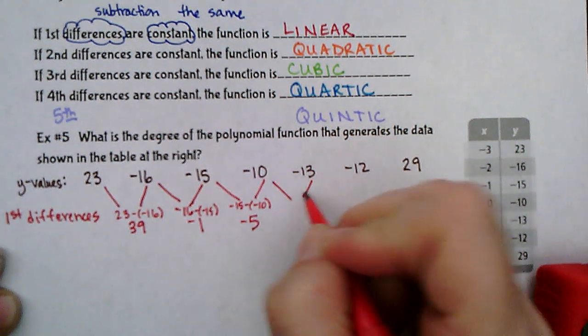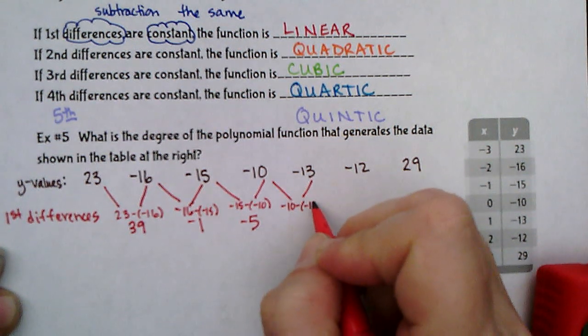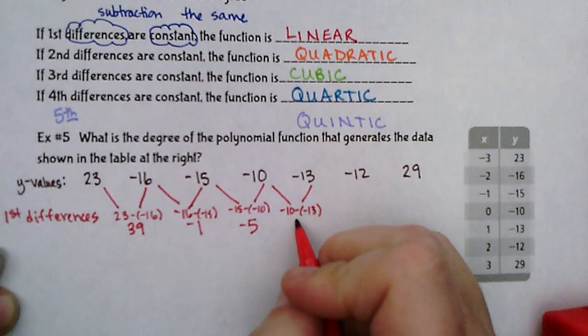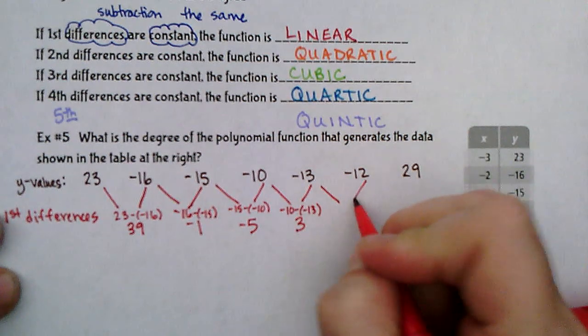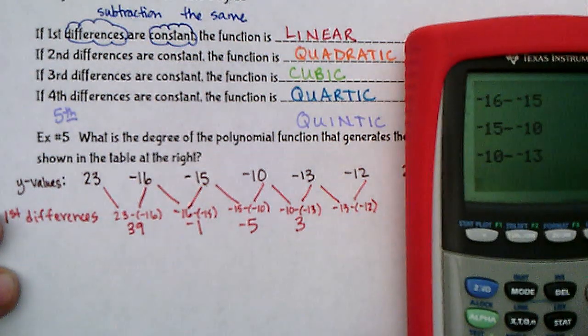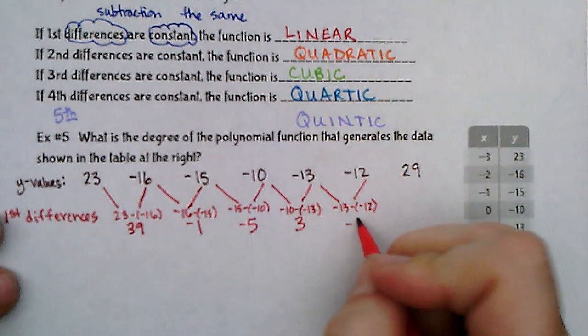And then negative 10 minus negative 13, which is 3. Negative 13 minus negative 12, which will be negative 13 plus 12, so that should be negative 1.